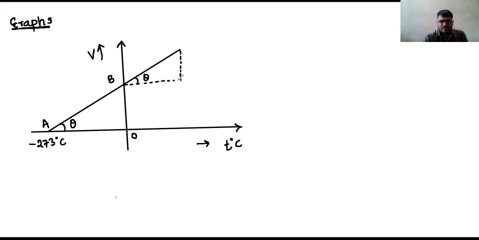If I name this point C and this point D, then in triangle BCD, what you will get is tan of theta is equal to CD by BC. Yes or not? CD by BC.